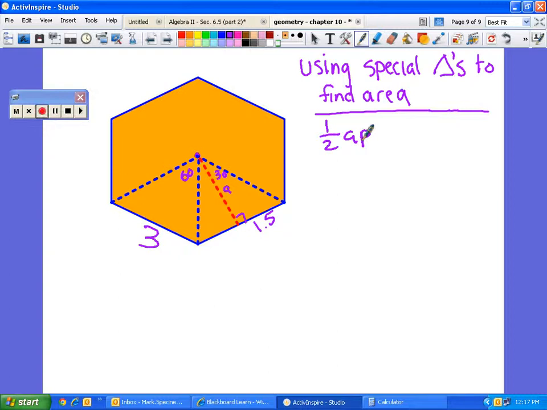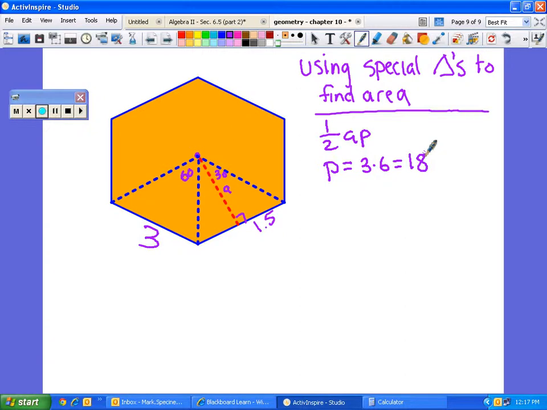We have the perimeter, or we can easily figure it out. How do we figure out the perimeter? Number of sides times the length of the side. How long is one side of this hexagon? 3. So to get the perimeter, it's 3 times 6, which is 18.